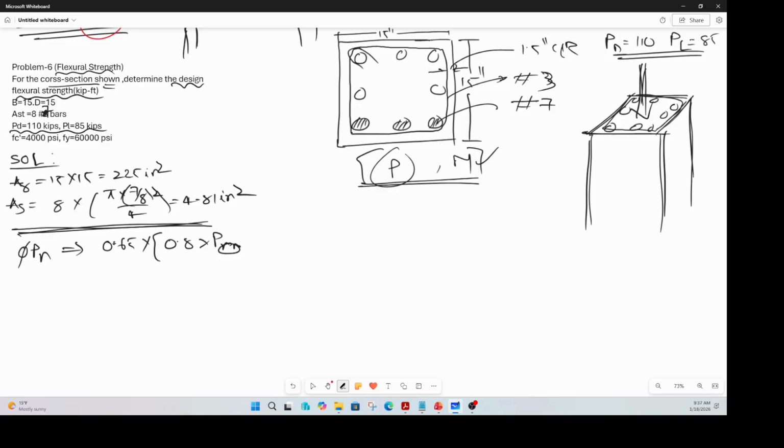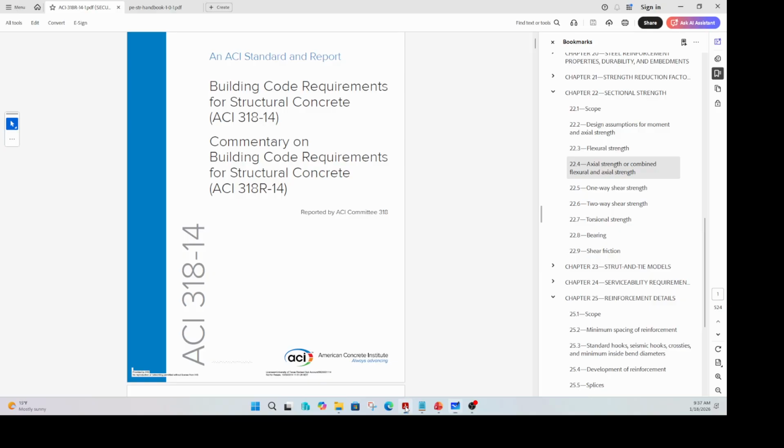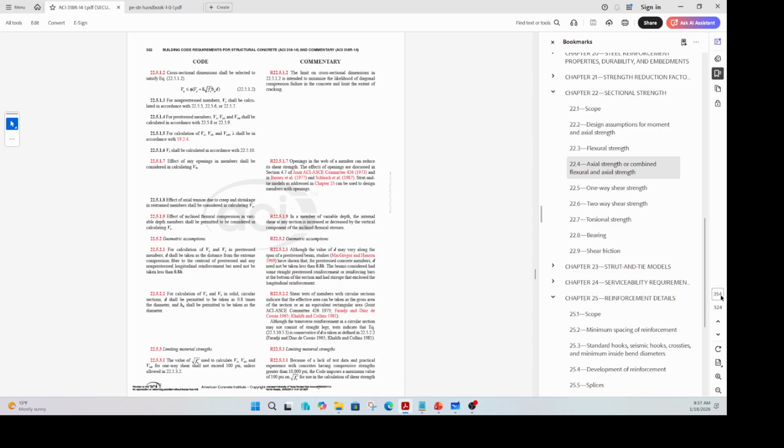So sorry, P naught. Okay, so this itself is called the Pn max. We'll take a look. Let's go to the code and find out where that value is. Axial strength, roughly somewhere there.